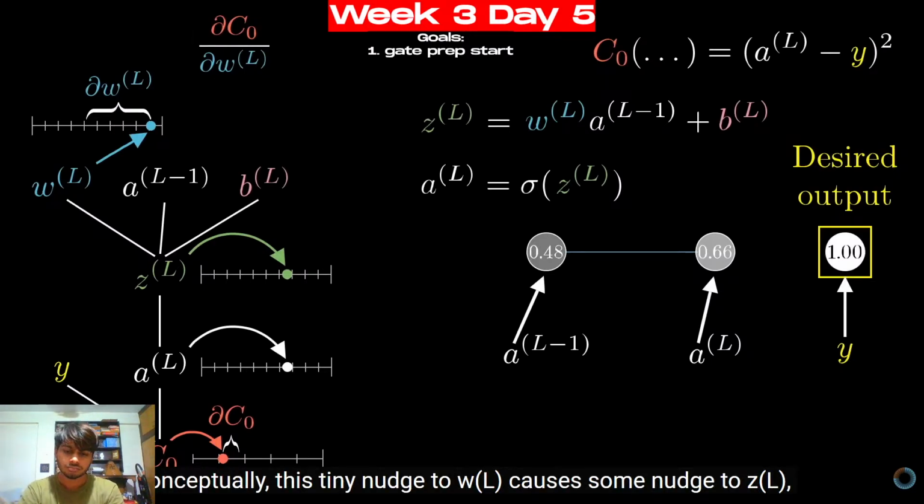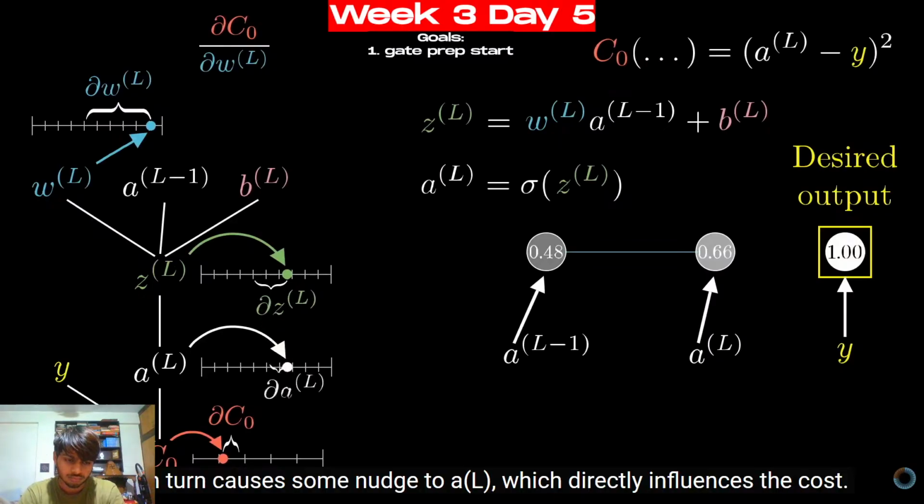Conceptually, this tiny nudge to WL causes some nudge to ZL, which in turn causes some nudge to AL, which directly influences the cost.